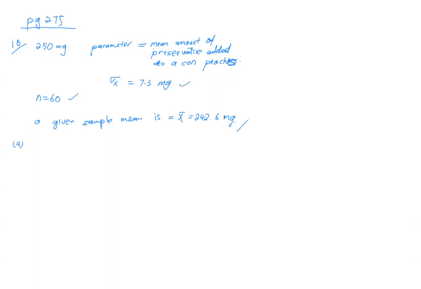Still remember? Go to STAT, TEST, Z interval. Key in the necessary things: 7.3 standard deviation, sample mean used to estimate the population mean, sample size 60, confidence level 95.